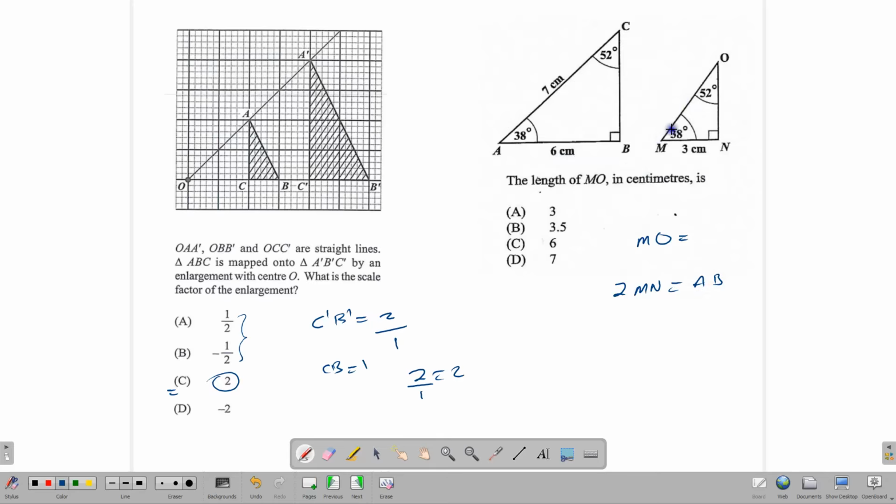We use the same idea here, that 2 times whatever this is gives 7. And so 7 divided by 2 will give you the answer that you're looking for. In this case, a scale factor of 2 would take this object to this image. It's similar triangles, but it's the idea of an enlargement just the same. So 2 times 3 gives you 6, and 2 times 3.5 will give you 7.